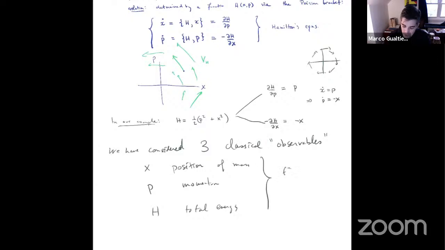These are all functions on the phase space. So we've focused our attention on three classical physical observables. They're quantities that you could in principle measure, right? And we should think of them as functions on the space of states. For every state that the system is in, this function will have a value. The position, it will be in some position, it will have some momentum, it will have some energy, etc.